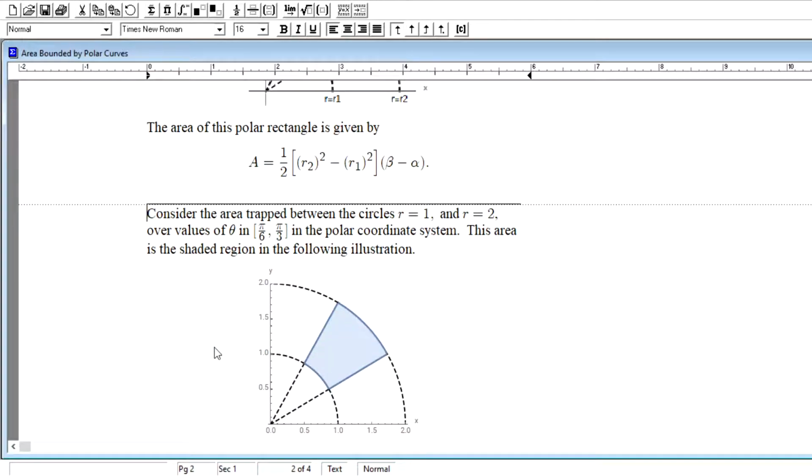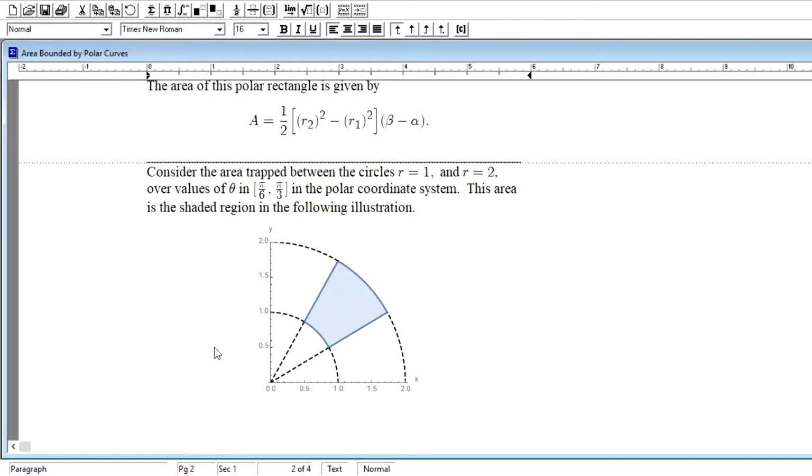Here is the case of the polar rectangle trapped between two circles, one of radius 1, this circle here, and the second of radius 2, this circle here, over angle measurements of theta in this interval.